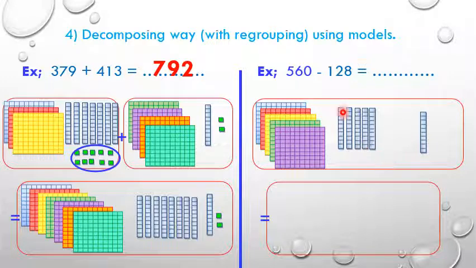We want to take away 8 from 0. Can you take away 8 from 0? No. Then we must regroup 1 ten from here to make it ones place. If you notice before, 1 ten equals how many ones? Excellent, 10 ones.